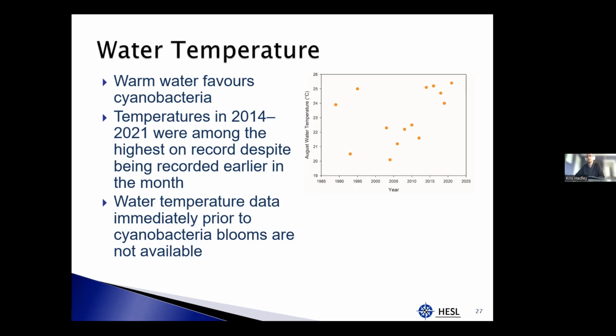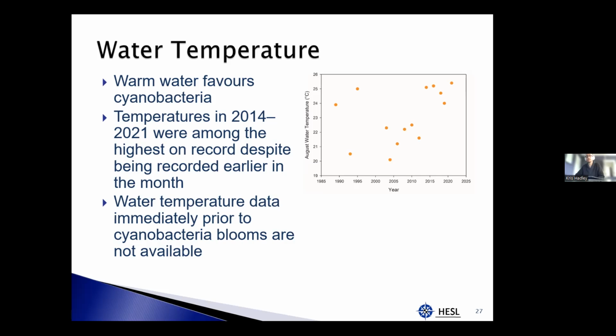And what we can use them for right now is to say that there's certainly evidence that warmer water could be a factor in favoring cyanobacteria, but we can't link it directly to the blooms because we don't have water temperature data immediately prior to the blooms. The blooms aren't necessarily occurring in August. So this is one of those limitations of most monitoring programs.